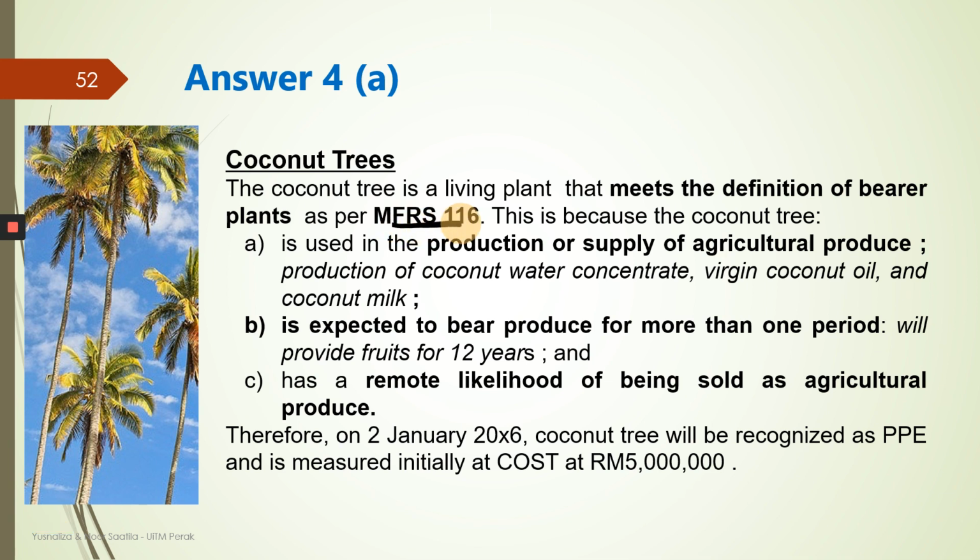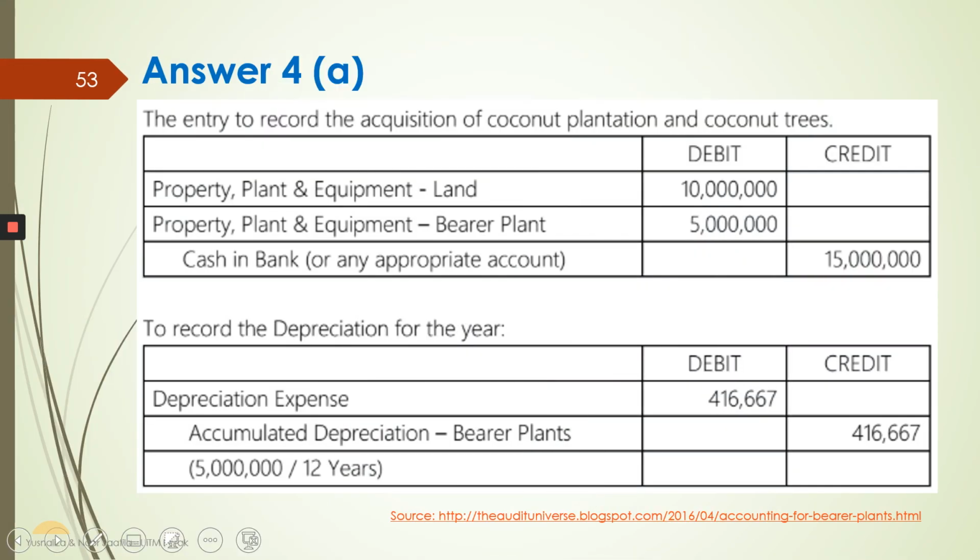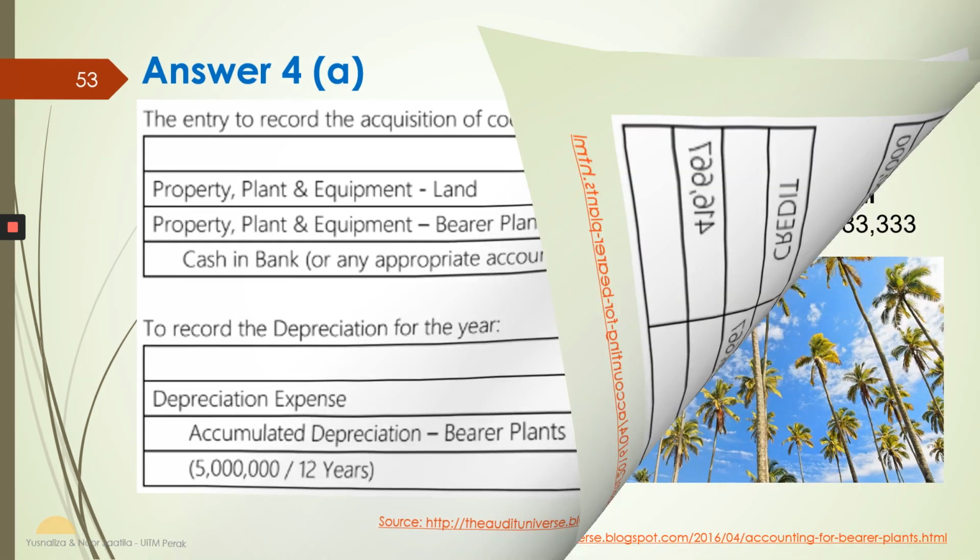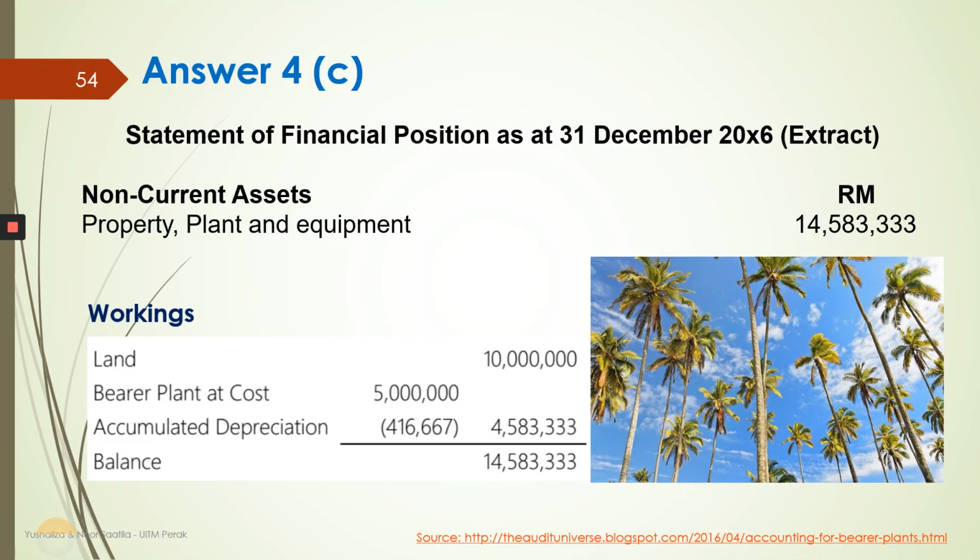Go and check it out that all the conditions under bearer plants are being met, right? And see that coconut tree are also being depreciated, right? Because coconut tree are PPE, right? And then the land that is used to grow the coconut tree is not a biological asset, but that is a PPE. So go and check the presentation here.